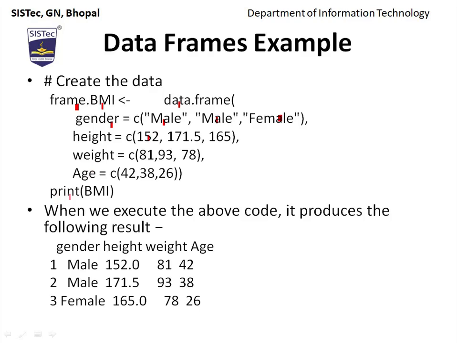Now, when I print bmi, it displays gender, height, weight and age, and it displays all the relevant values. For value 1, it's male as the gender, height is 152, weight is 81 and age is 82. So this data frame is very useful in statistical analysis.